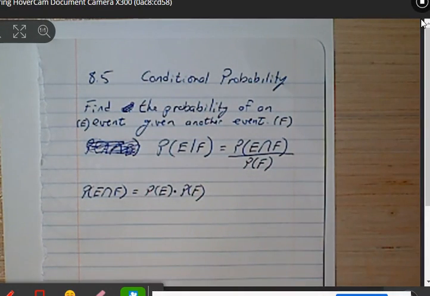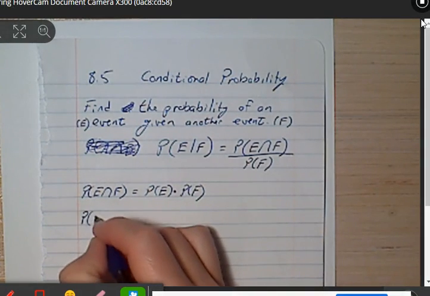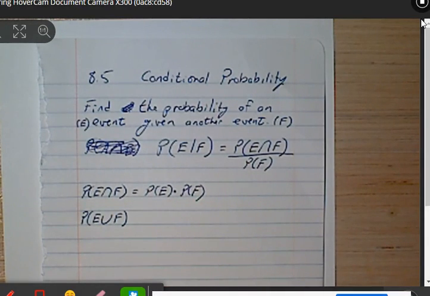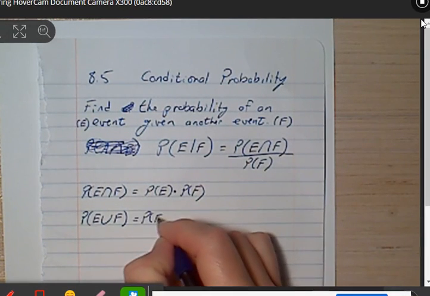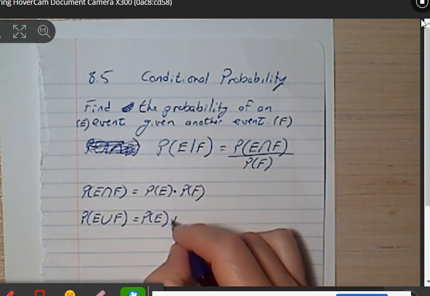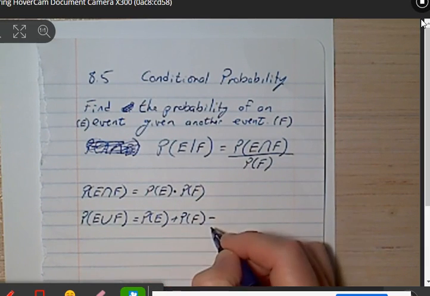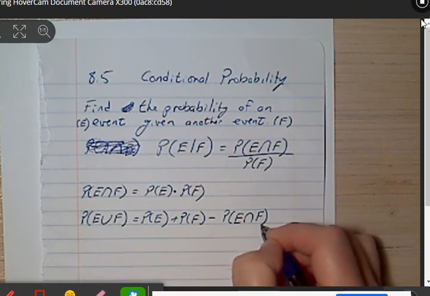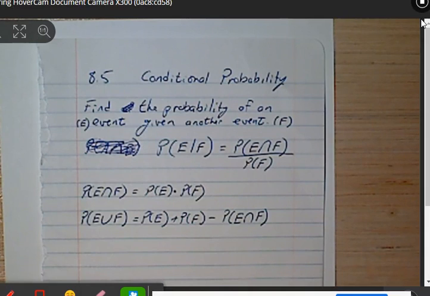Just need to hang on to that one also. The E union F, which was the probability of E plus the probability of F minus the intersection. So all those are still there. Those same formulas from the earlier parts of chapter 8, they're still saying hang on to those because you might need some of those as you go along through everything here.